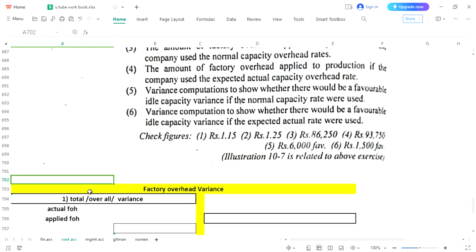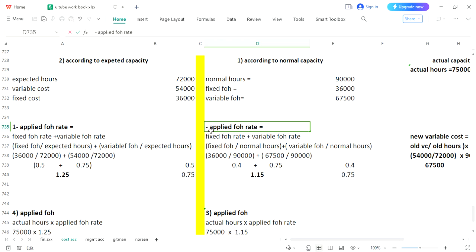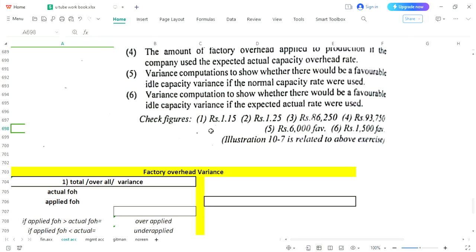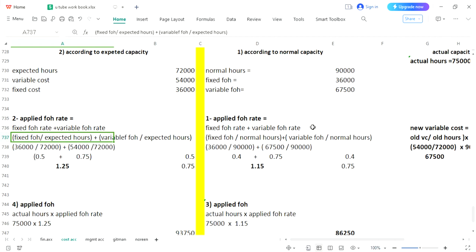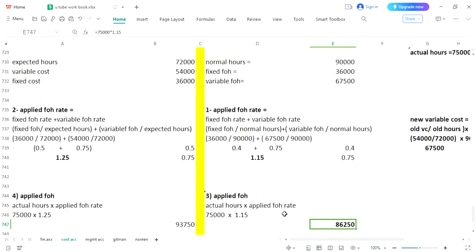Let me check again. One was 1.15, so it was our first requirement, and here was our second requirement. Okay, and next was the third requirement 86250. So here is the third requirement 86250.